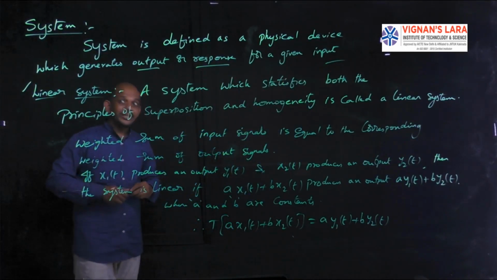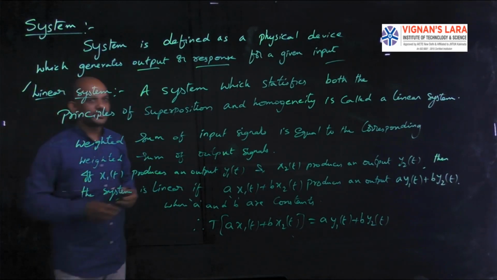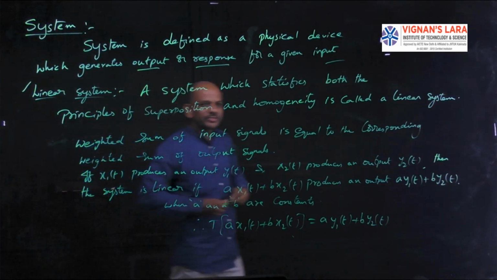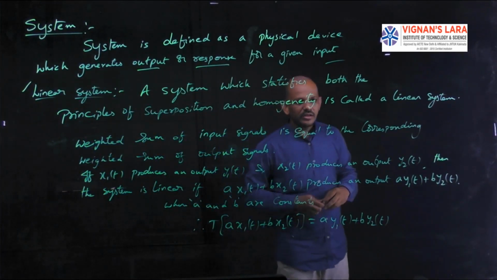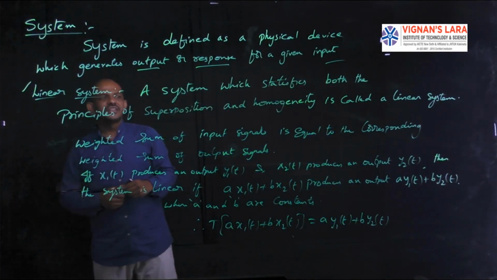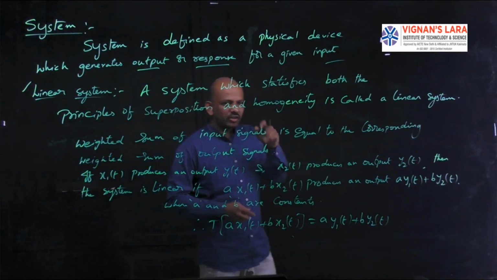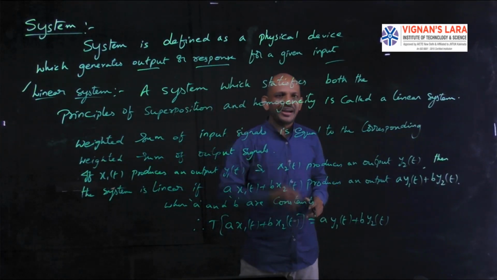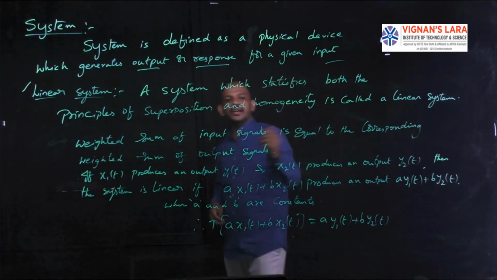Now we go on to the linear system. Which system is called a linear system? A system which satisfies both the principles of superposition and homogeneity is called a linear system.